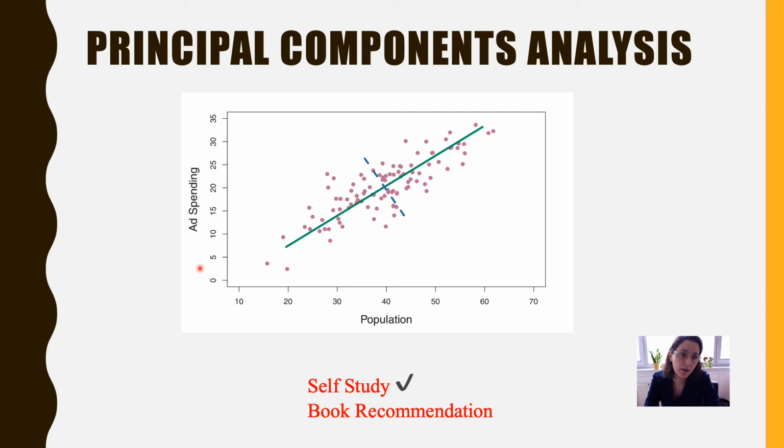This green line is our first principal component, and that blue line is our second principal component, okay? And now we are trying to explain this data by looking at these principal components.